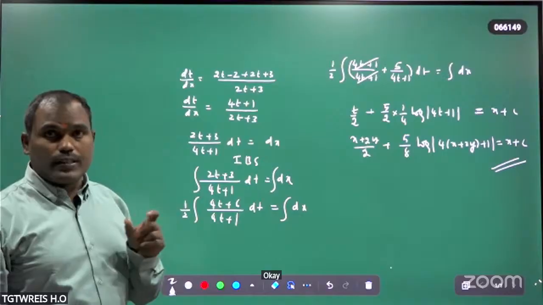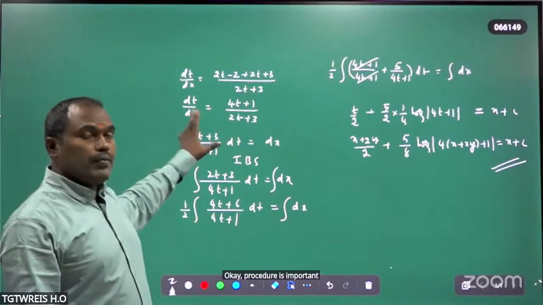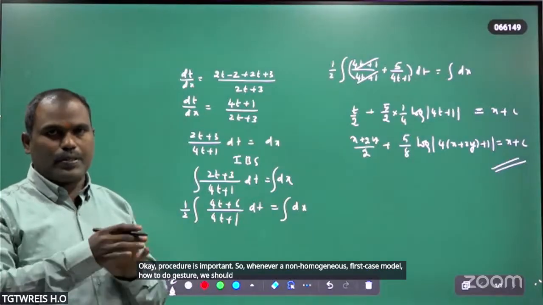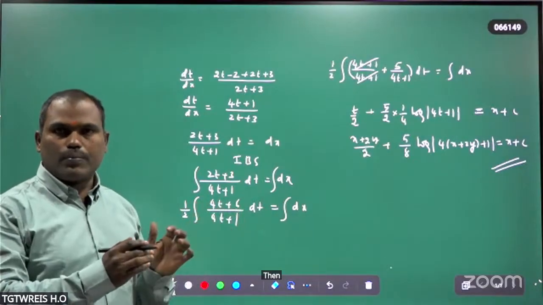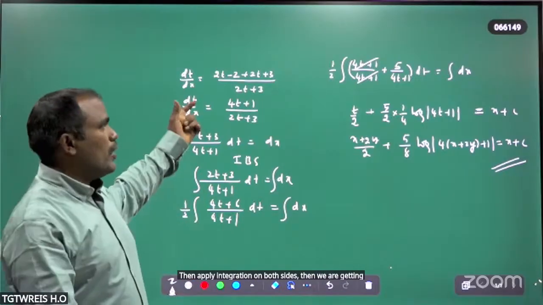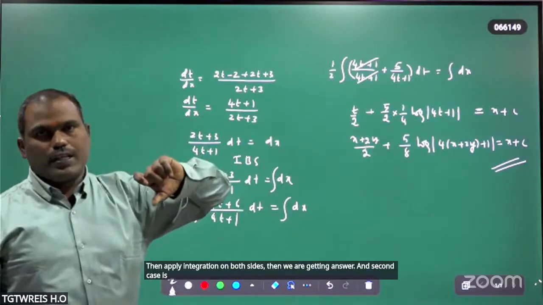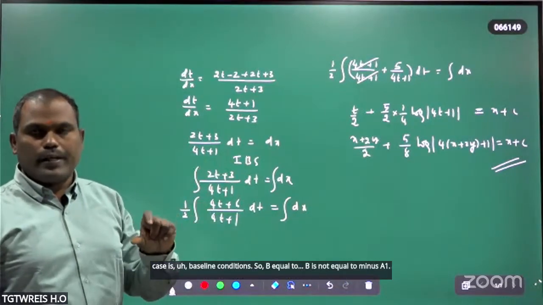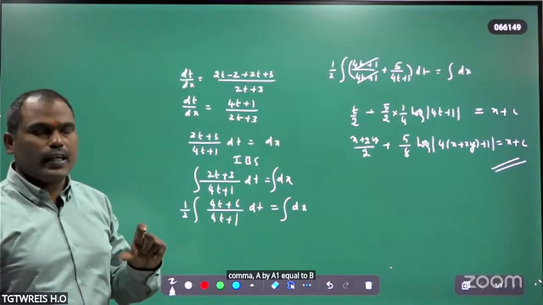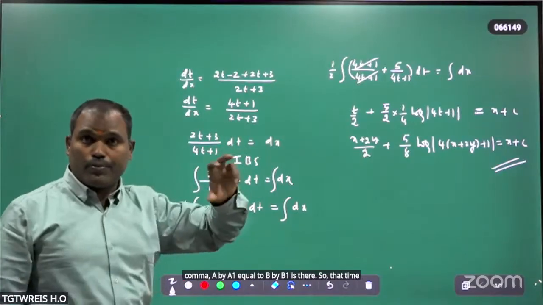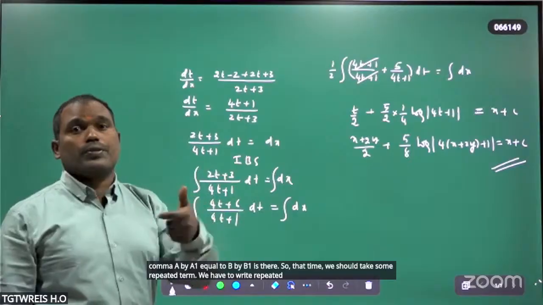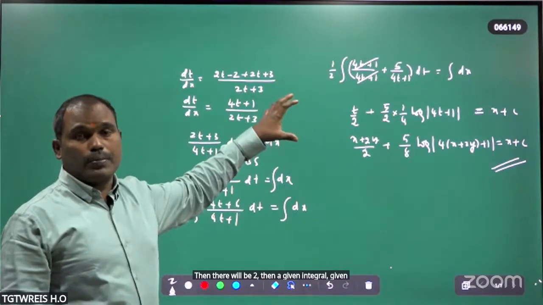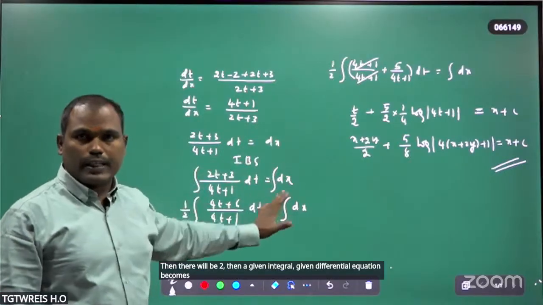In the first case model, we do cross multiplication, then apply integration on both sides, and we get the answer. The second case is based on conditions: b is not equal to minus a1, and a by a1 equal to b by b1. At that time we should take the repeated term, t or v, then take the derivative, substitute into the given differential equation, and simplify.